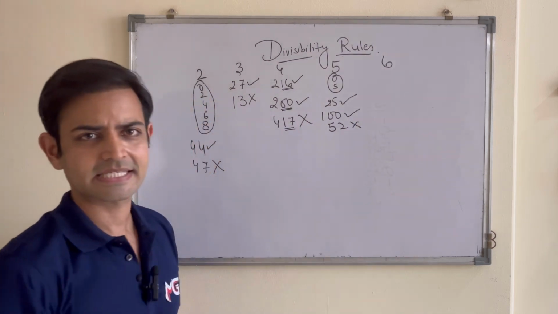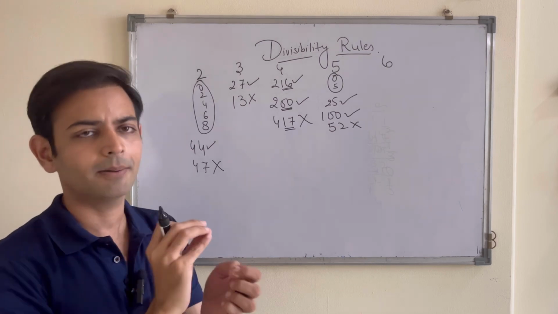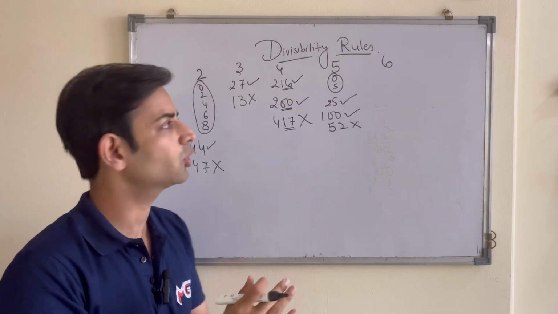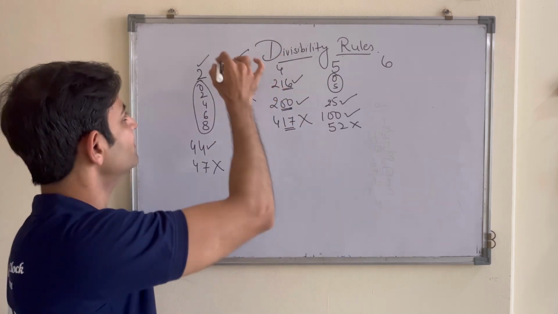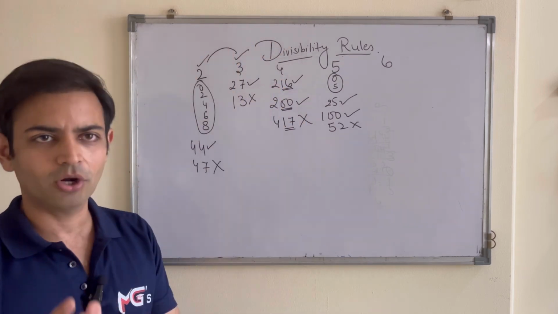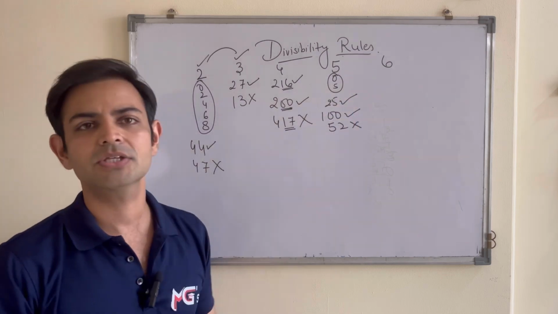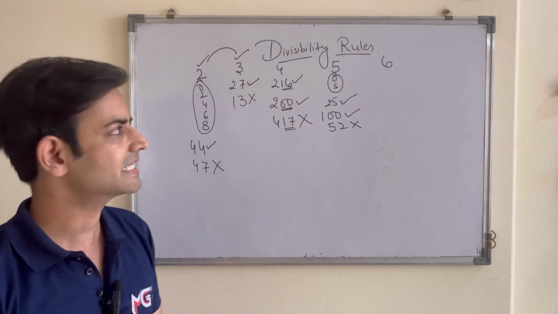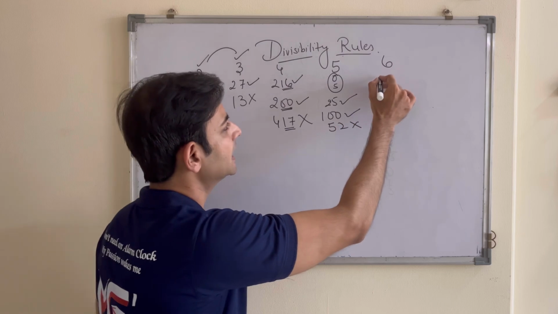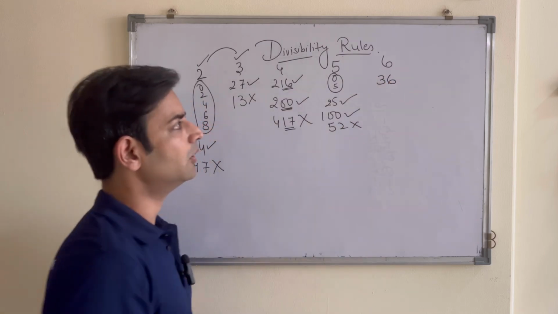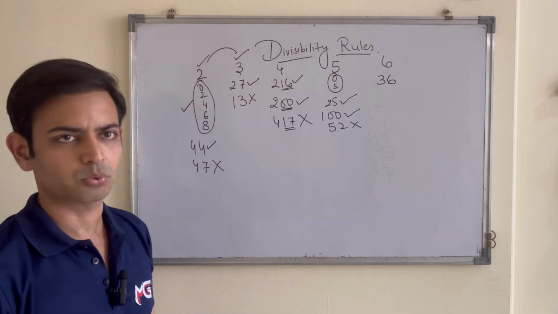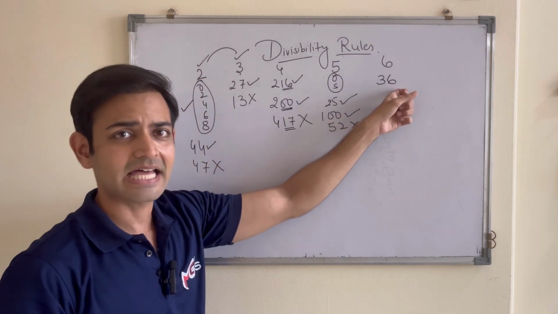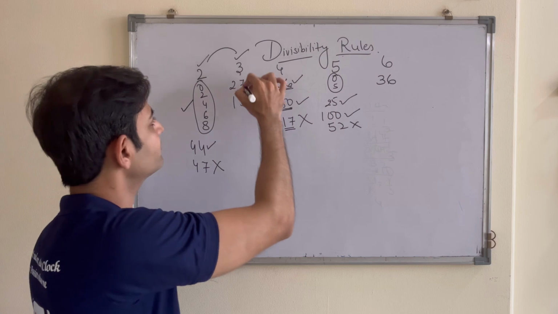Divisibility rule of 6. If the number follows the divisibility rule of 2 as well as 3, both have to be followed. So if both these divisibility rules are followed, then my number is also divisible by 6. For example, if I take 36, the end digit has 6, so it is following the rule of 2. 3 plus 6 is 9, so yes, it is following the rule of 3 also.